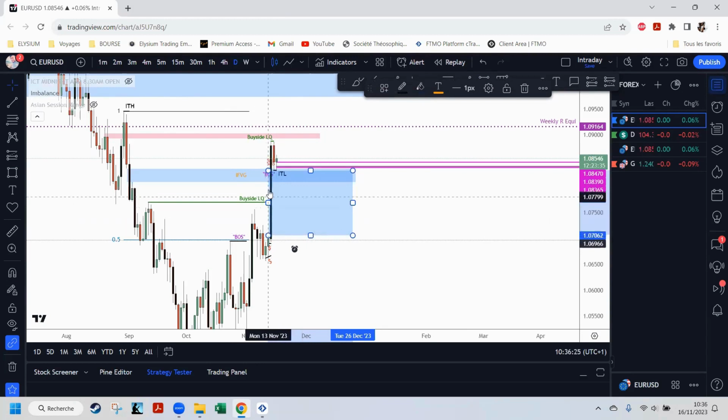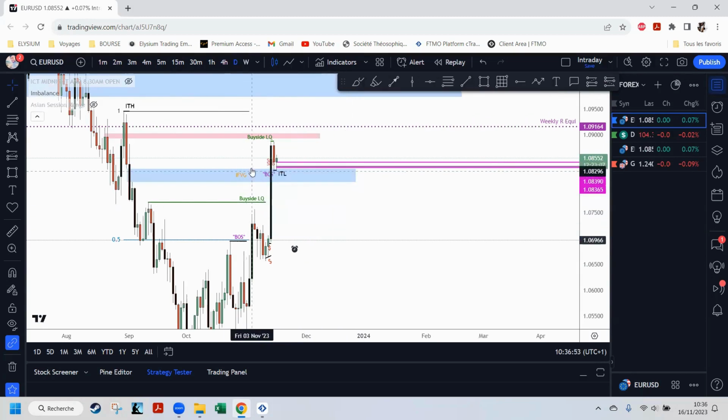I don't like big fair value gaps on higher time frames. On the 1 minute, it would have been okay to trade from there. But now on the daily, we won't trade from there directly. But we have an inverted fair value gap which comes to support the idea of trading from this big fair value gap, okay? And so this area is smaller.